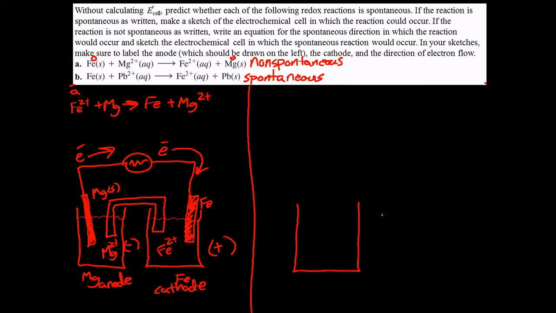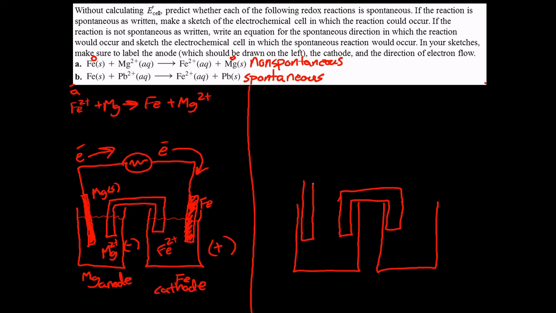So it's going to be just the same thing here again. We have our salt bridge. We have our stick of iron on the left now, since it is the anode. Over here, we're going to have our stick of lead. They are connected, powering something there in the middle. We have our liquid in there, our solution.